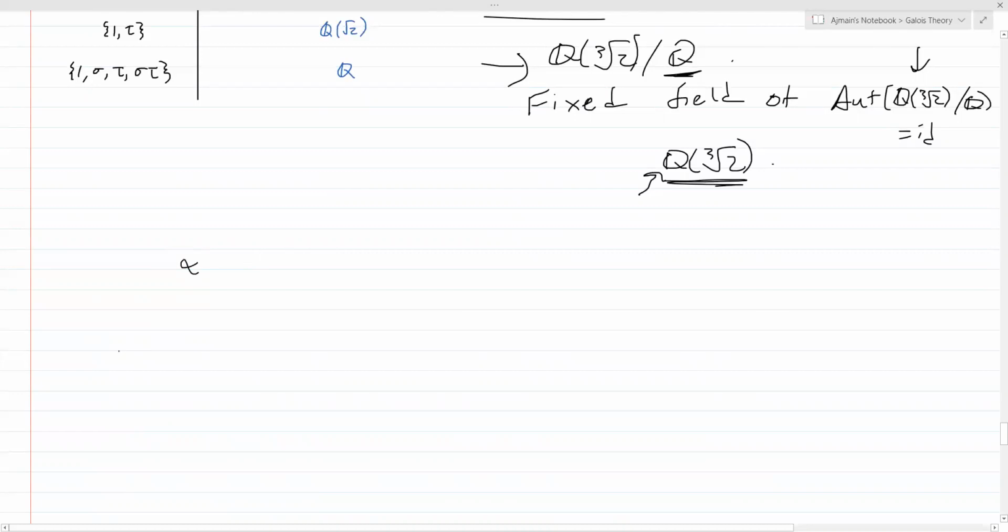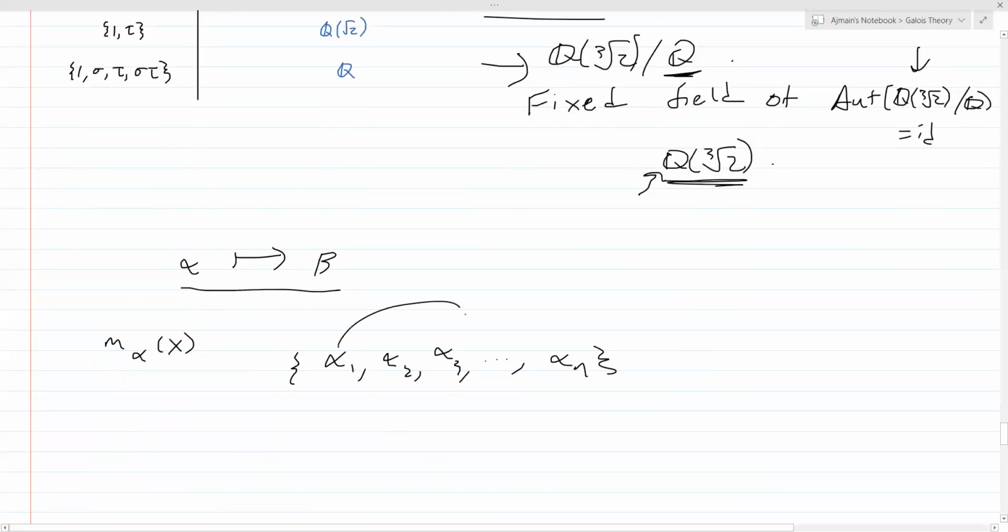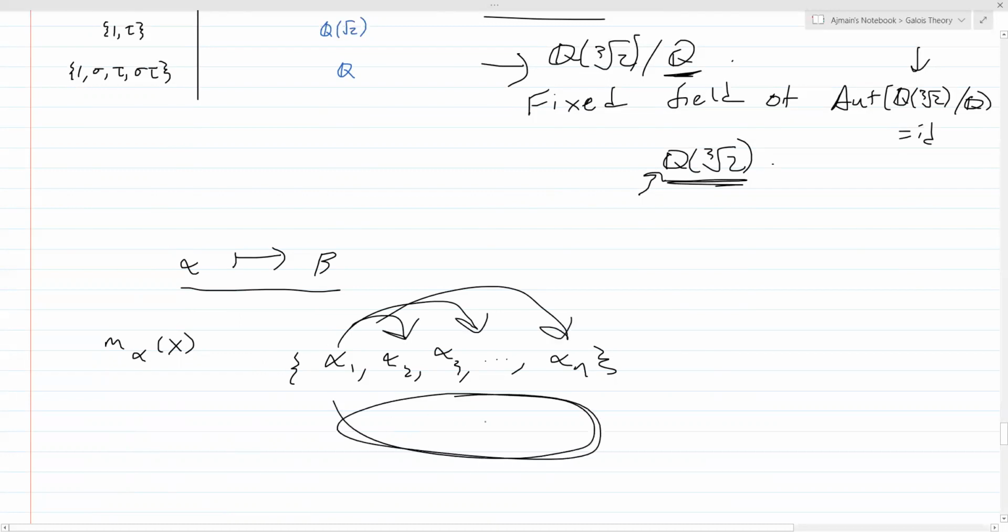If you have alpha and then you have the minimal polynomial of alpha, then you can send alpha to any other root of the minimal polynomial, beta. But if you have the collection of roots of this minimal polynomial, say alpha 1, alpha 2, alpha 3, dot dot dot, alpha n, this statement up here says you can send alpha to anything else over here. That's not the same thing as saying you can have any permutation of this set, right?